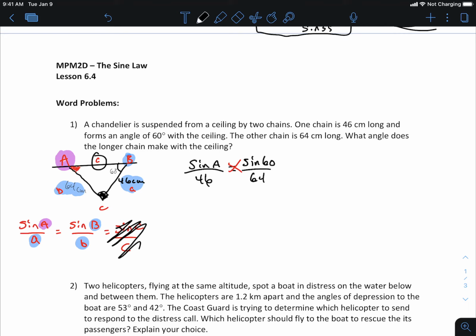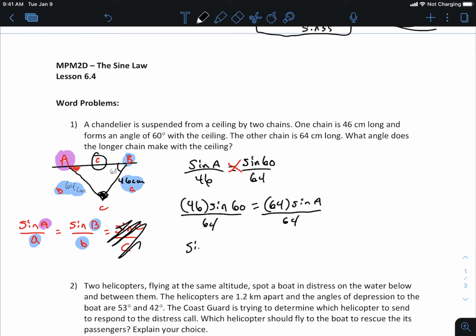Okay, so cross multiply. 46 times sine 60 is equal to 64 times sine A. This is a nice one. We can divide both sides by 64.